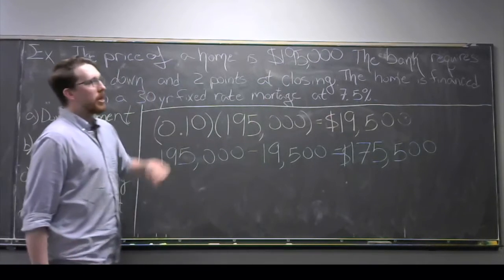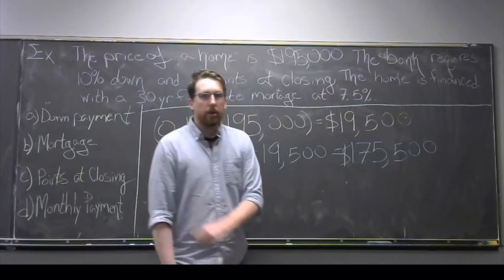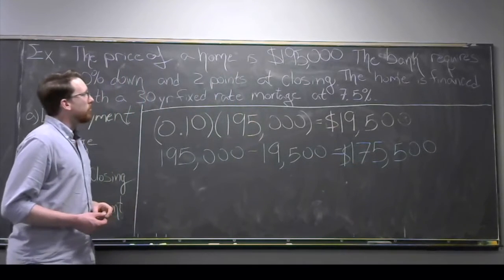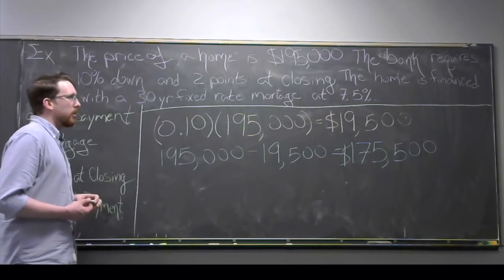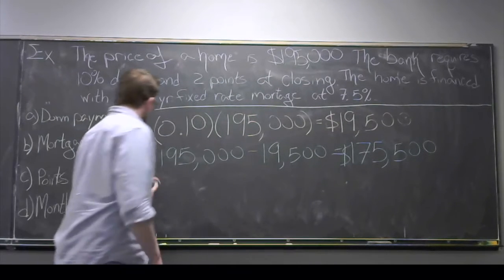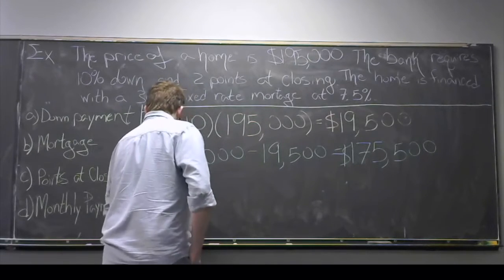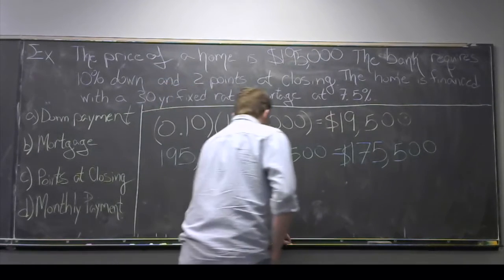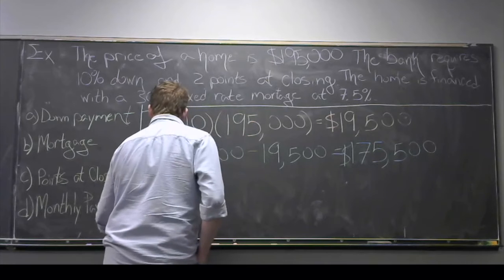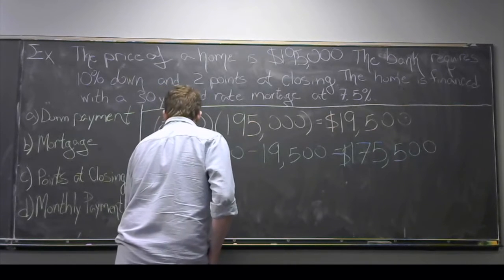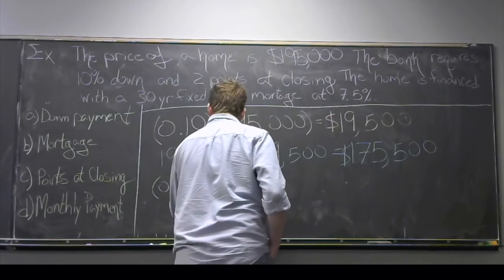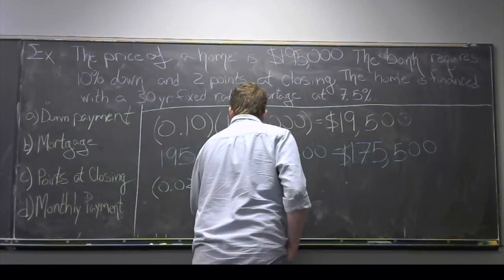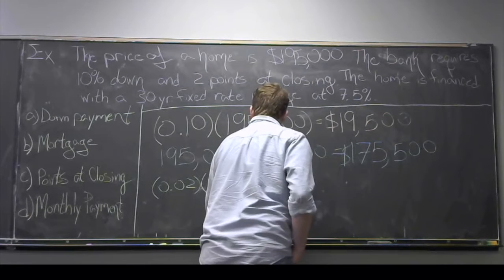So it's 2% of the mortgage. Like I said, every point is 1%. So we're going to pay 0.02 times 175,500.